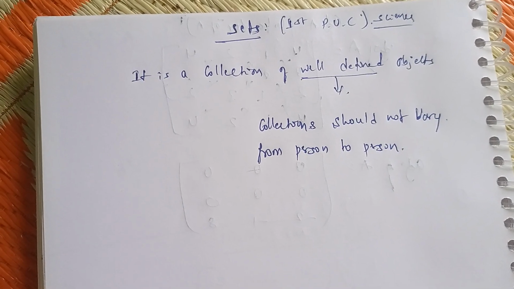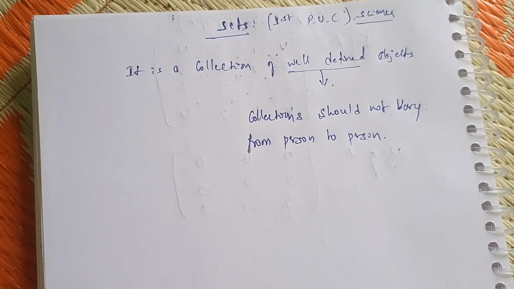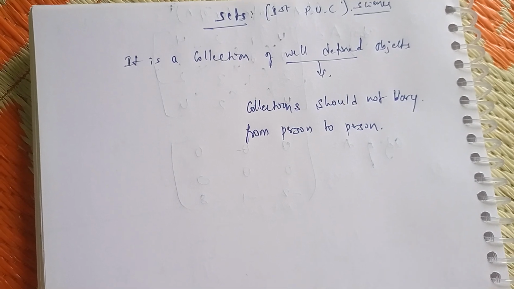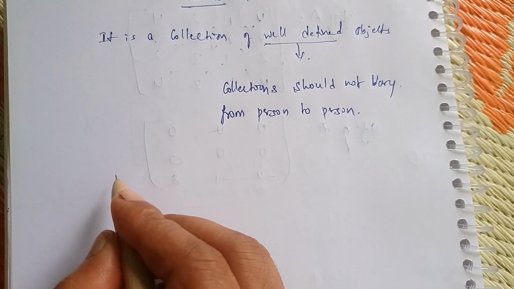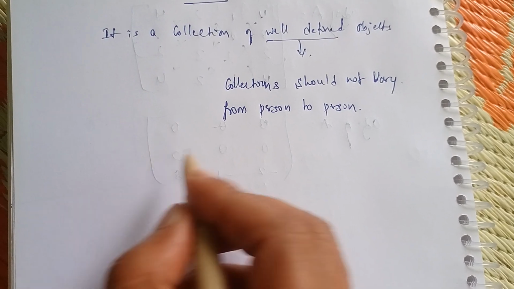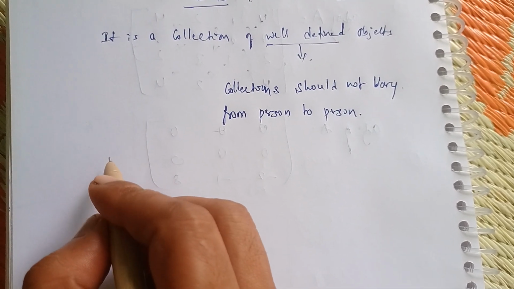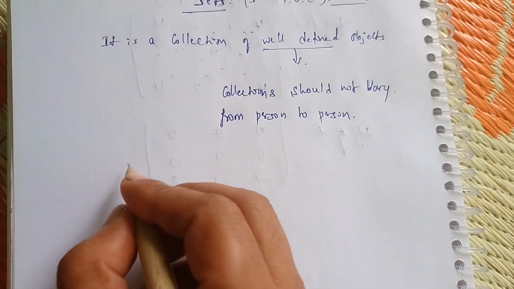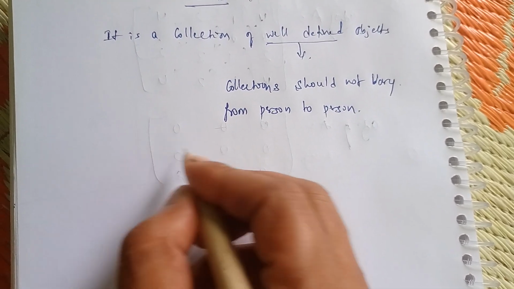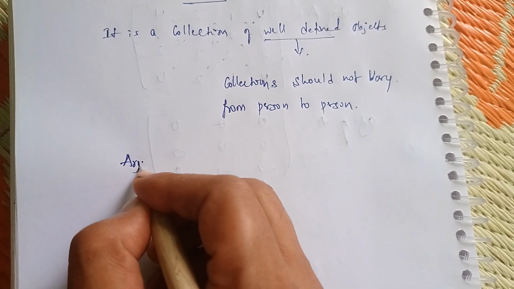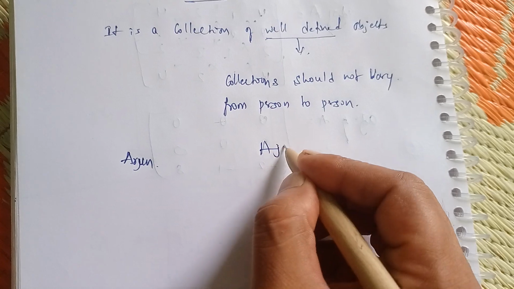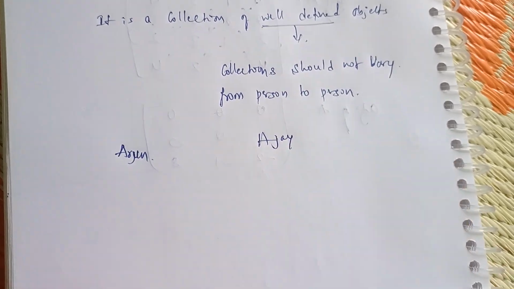What does that mean? I'll take one example so you understand better. I'll take two persons, Arun and Ajay.